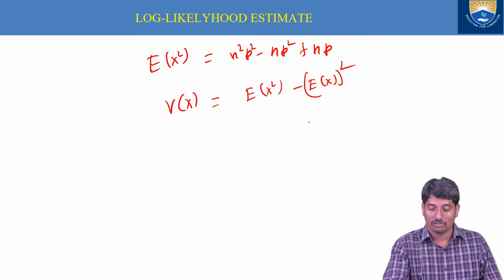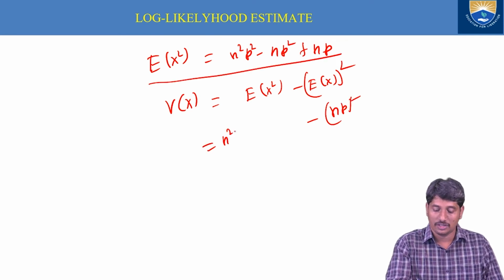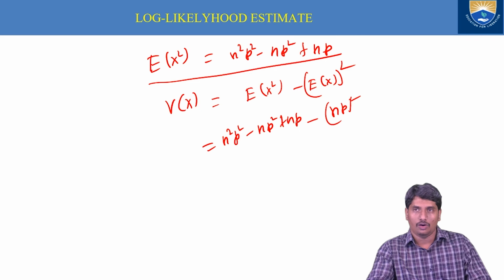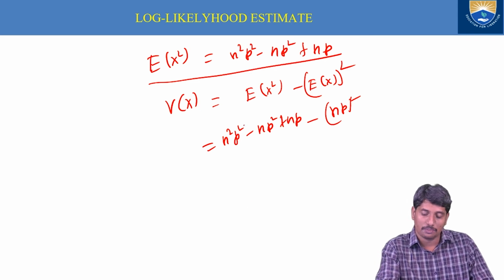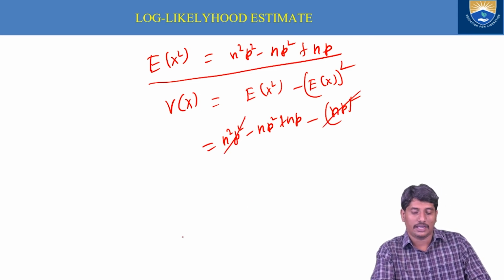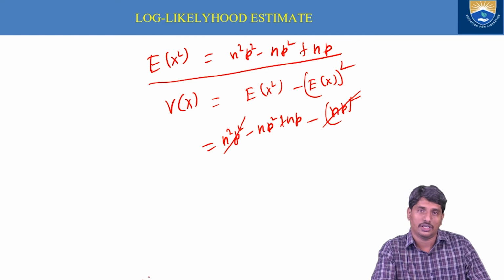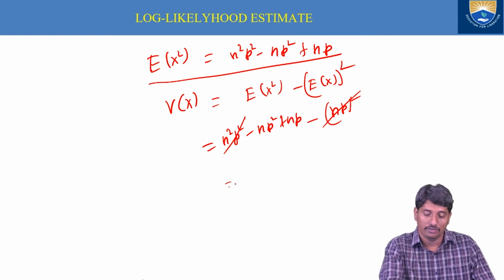Already we have calculated E of x as np, so this is (np) whole square. E of x square, just now we got this, that is n square p square minus np square plus np. Now we could see that n square p square can be cancelled because both are opposite in direction and equal in magnitude. Both can be cancelled and we will get np minus np square.